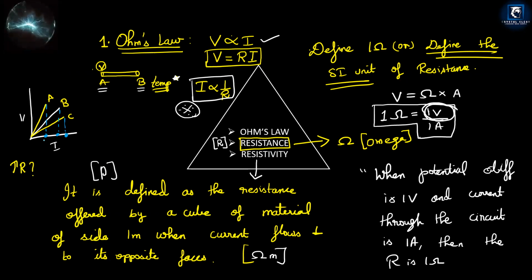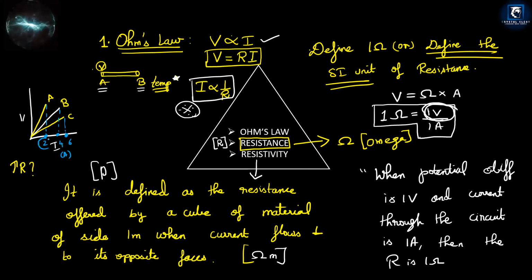And now if you see the current value, suppose I give the values 2, 4, 6 like this in ampere. Now for A, the current value is low. For the other, it is more. And we all know current is inversely proportional to resistance.